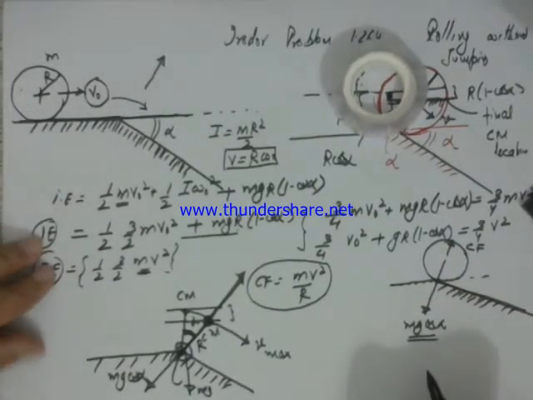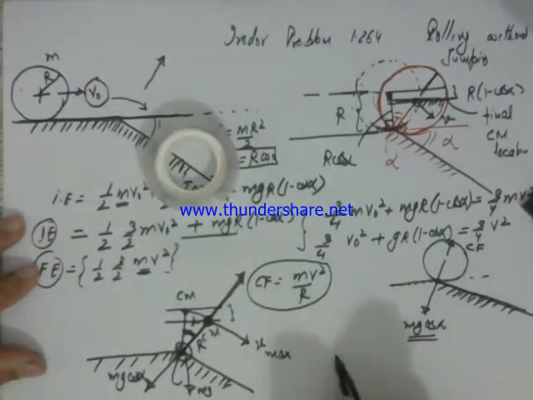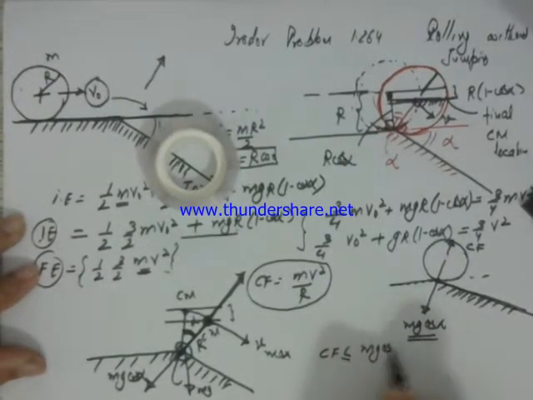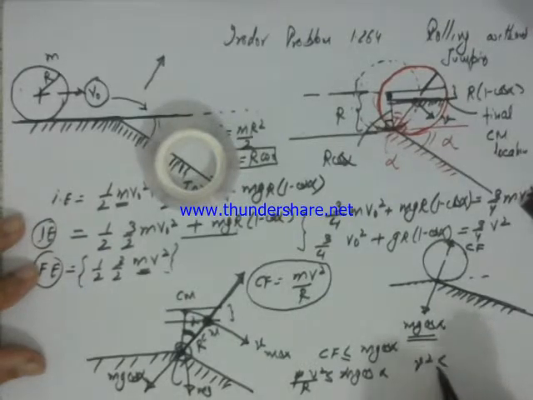For it to roll over without jumping, the centrifugal force must be less than or equal to mg cos alpha, or m v square upon r should be less than or equal to mg cos alpha, or v square should be less than or equal to gr cos alpha.